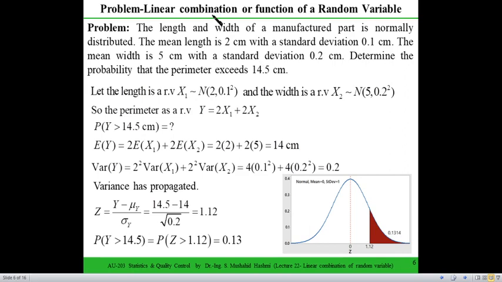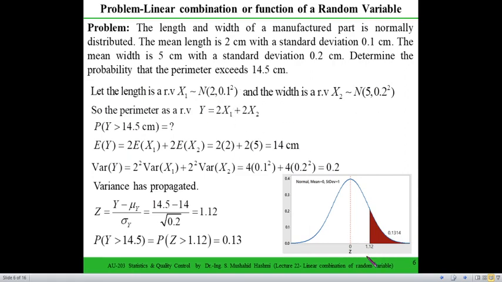So here you see, when your length and width become random variables, then for your parameter, or even if you calculate an area, it would be the product of x1 and x2. It would not be a linear combination, but actually the product of the two random variables.